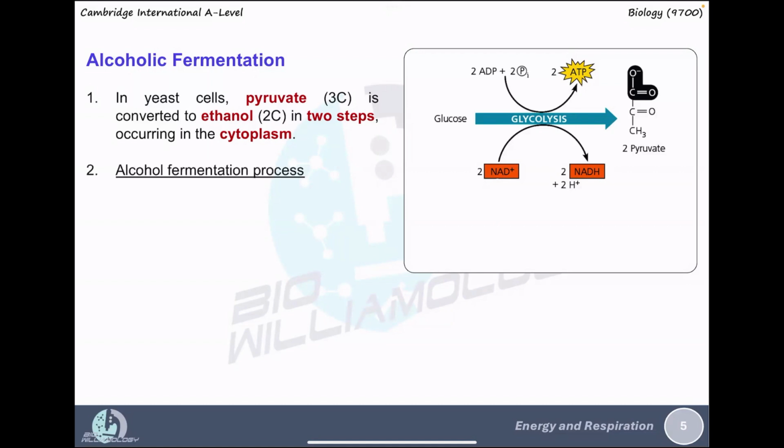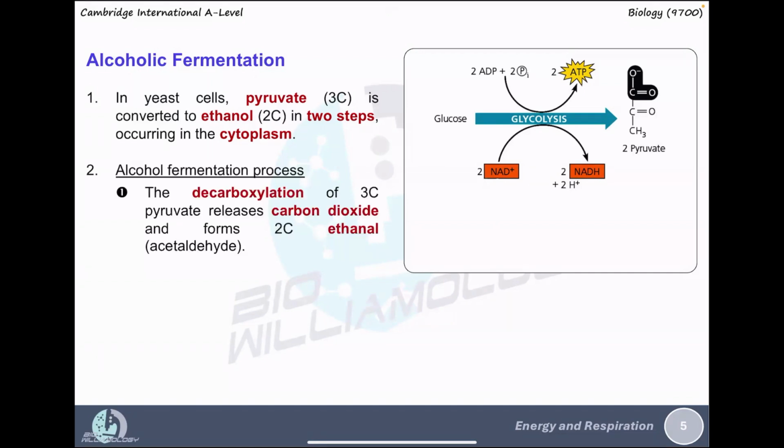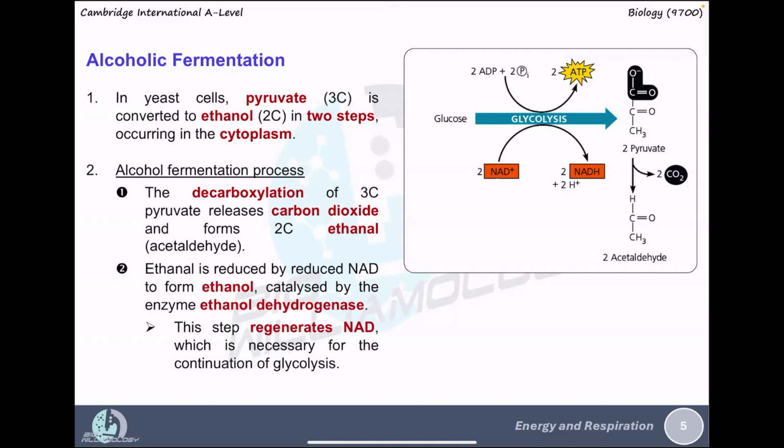In this process, first decarboxylation occurs, where you can see that 3-carbon pyruvate releases carbon dioxide and forms 2-carbon ethanal, also known as acetaldehyde. Acetaldehyde is a 2-carbon compound. After decarboxylation, the ethanal is reduced by reduced NAD to form ethanol.